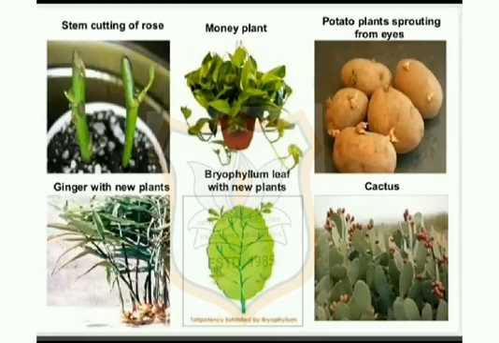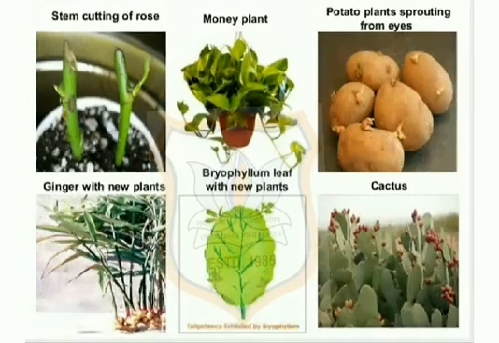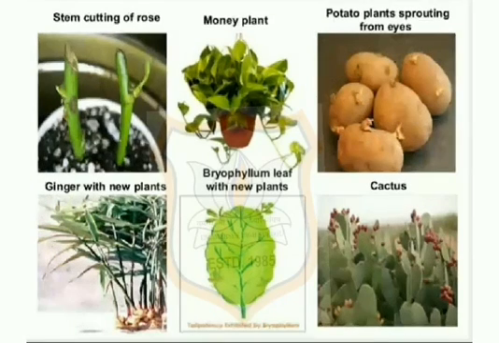So students, this is clear. In rose and money plant, a new plant develops from the growth of the buried cutting, and the vegetative bud on the stem of potato and ginger sprouts and gives rise to a new plant. Bryophyllum has buds in the margins of leaves.